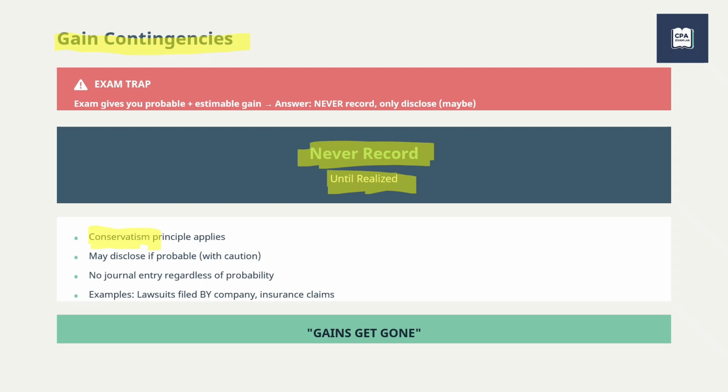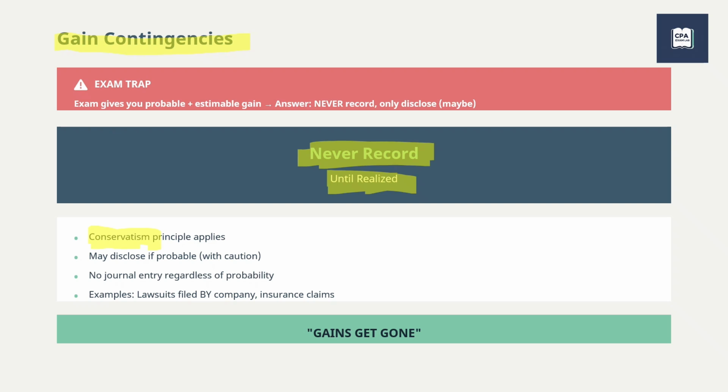Here's the exam trap you might see. The exam will give you a gain contingency that is probable and estimable. So maybe they're going to describe a lawsuit that your company filed, and your lawyer says it's probable you will win 500,000. Then they're going to ask you, what should you record?